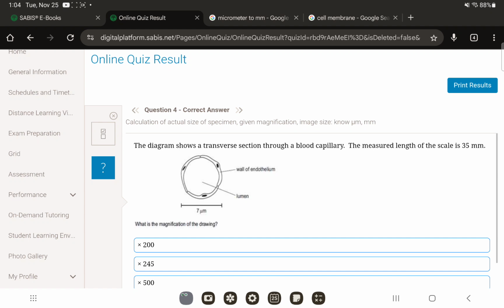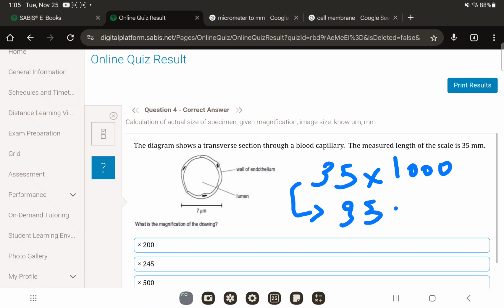Because you have to divide the micrometers by 1000 to get the millimeters, you would have to multiply the millimeters by 1000, which is what I'm going to do here. So 35 times 1000 will give us 35 millimeters in micrometers. So that would be 35,000.